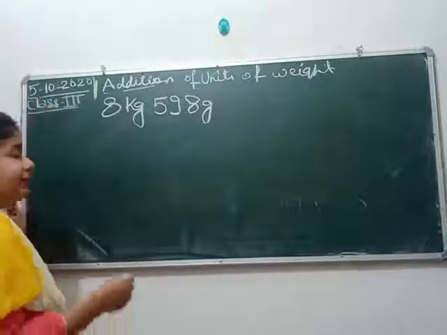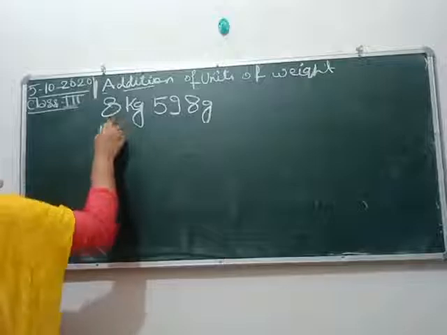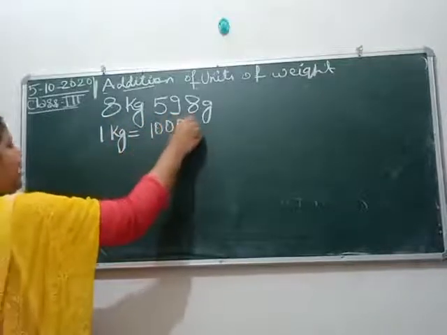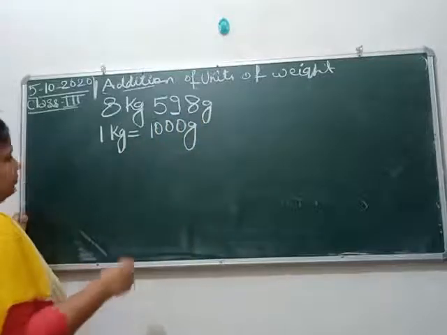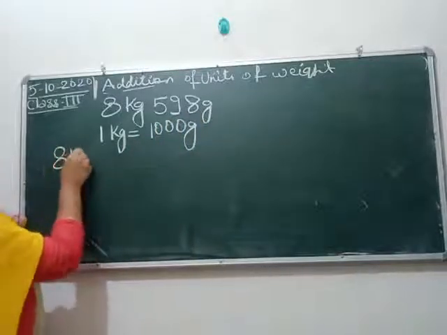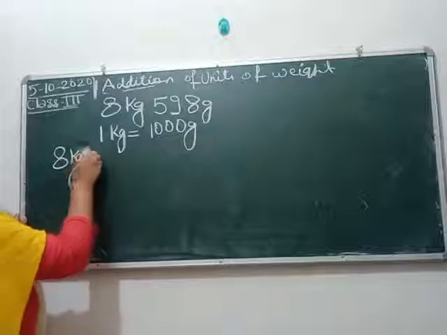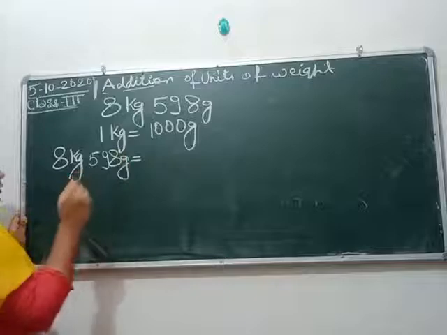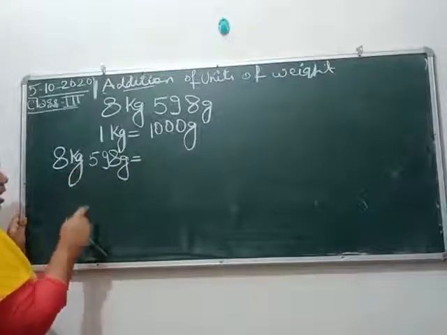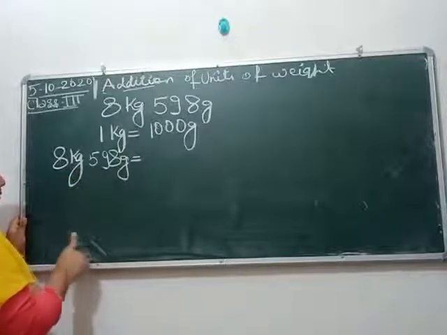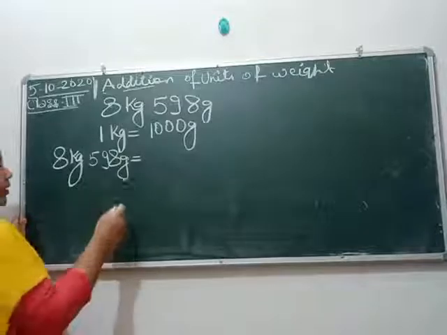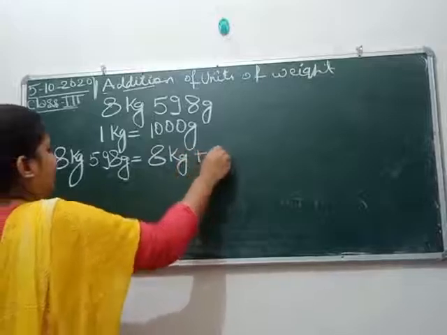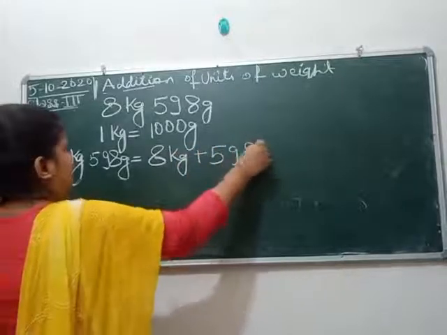First line we will write 1 kg is equal to 1000 gram. Now 8 kg 598 gram equals 8 kg plus 598 gram.